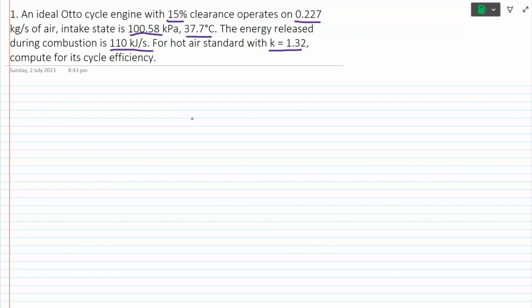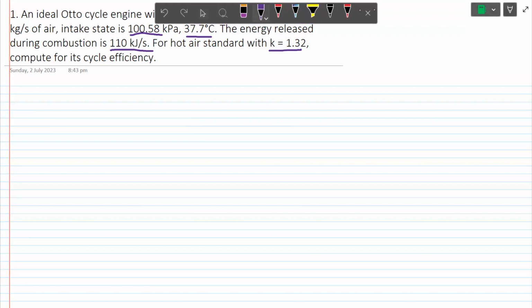So, there is only one thing on my mind for cycle efficiency. For cycle efficiency, that is e equals net work over QA. So, the energy released during combustion, is that net work or QA?